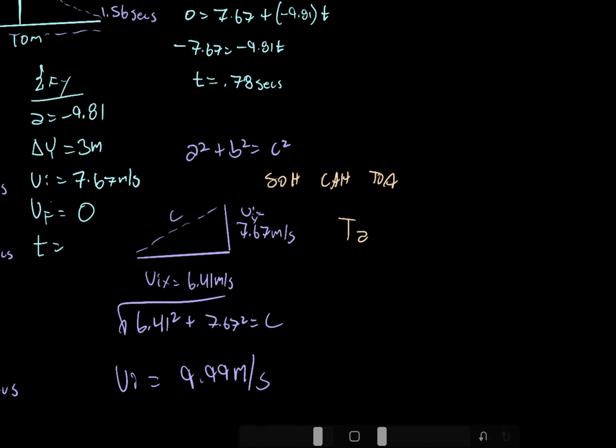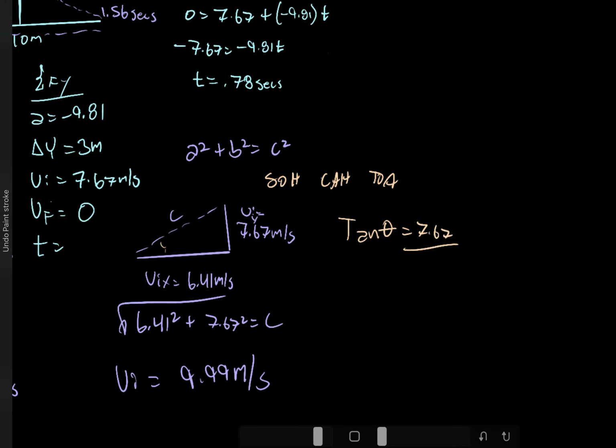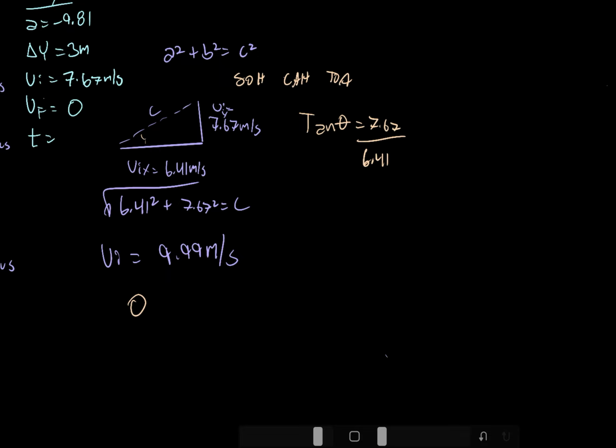So we have tangent theta, and this is the opposite, 7.67, over adjacent, 6.41. And we'll do the inverse tangent. So our angle is 50 degrees.